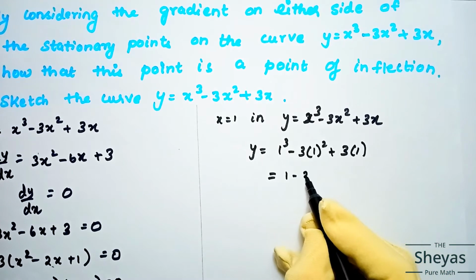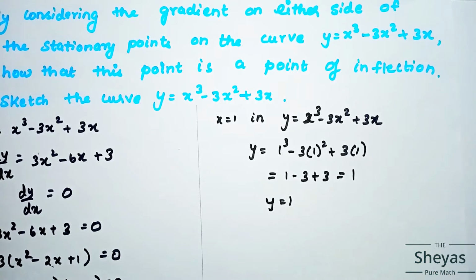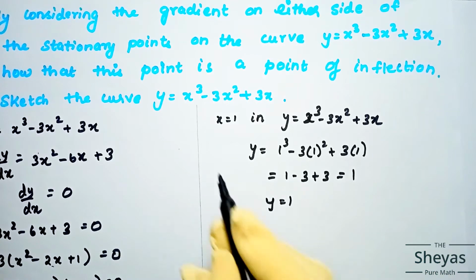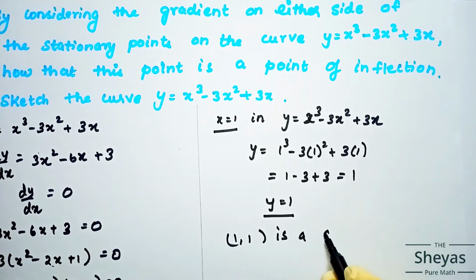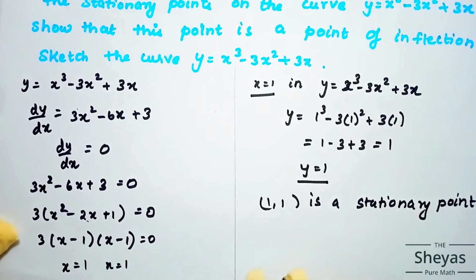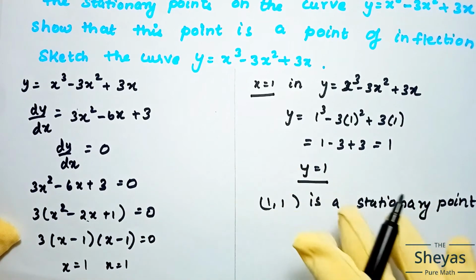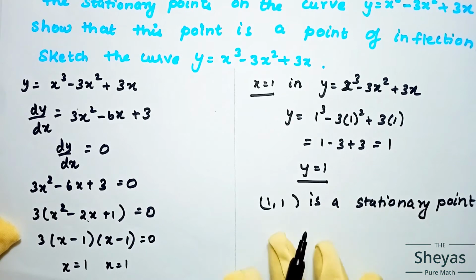So 1 minus 3 plus 3, that is nothing but 1. So y is equal to 1. If x is equal to 1, you are getting y is equal to 1. So 1 comma 1 is a stationary point.